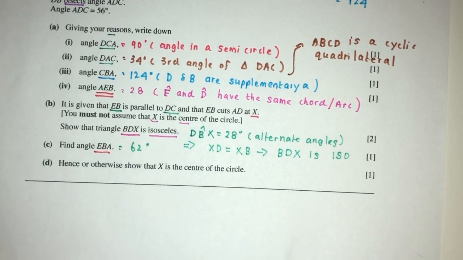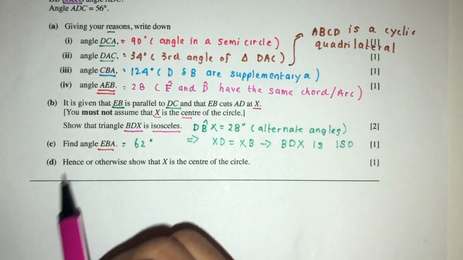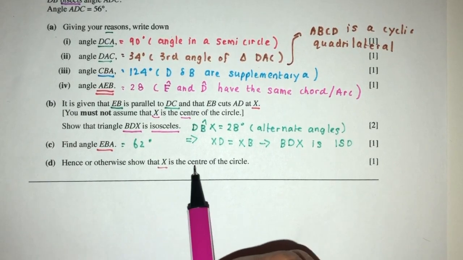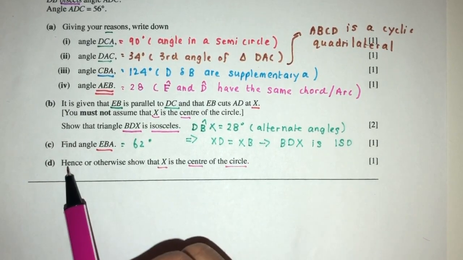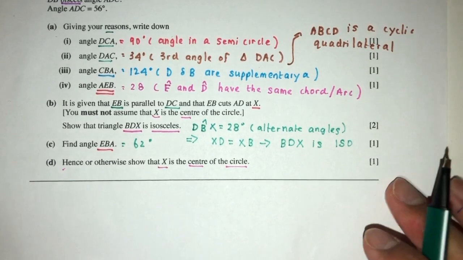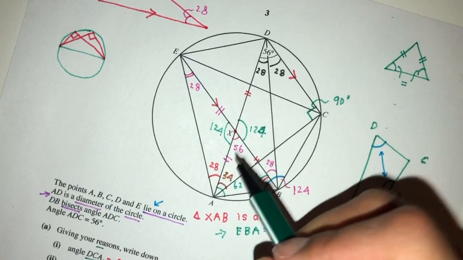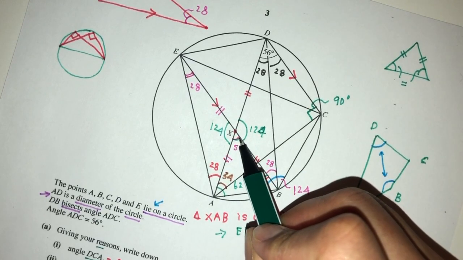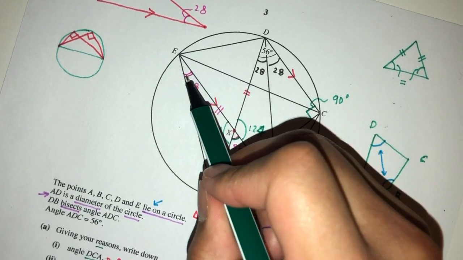62 for your answer. Now again, it tells you hence or otherwise show that X is the center of the circle. Now hence, you can use these values to find the answer, or you can see something very easy here. How do we know X is the center of the circle? Pretty easy, because this angle here is 56 and the angle here is 28.